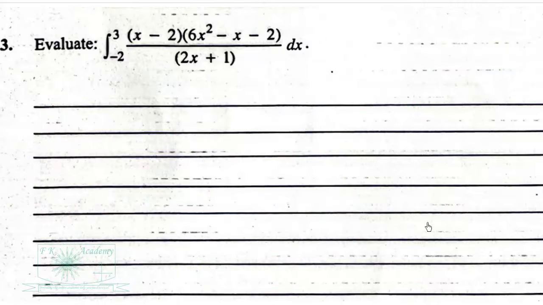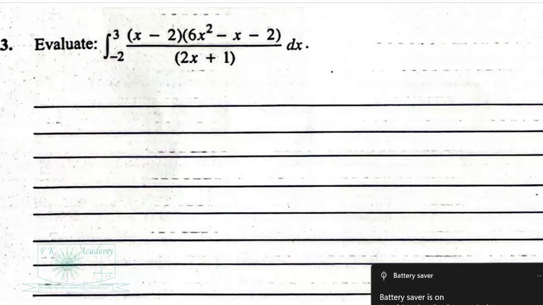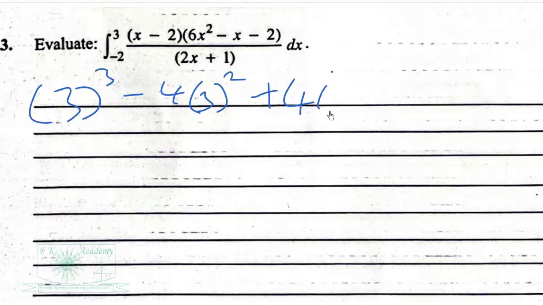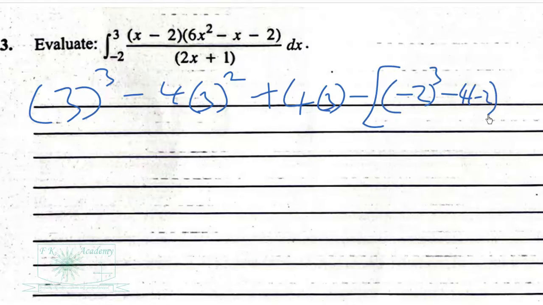So we substitute the values to get 3 cubed minus 4 times 3 squared plus 4 times 3, minus negative 2 all cubed minus 4 times negative 2 squared plus 4 times negative 2.